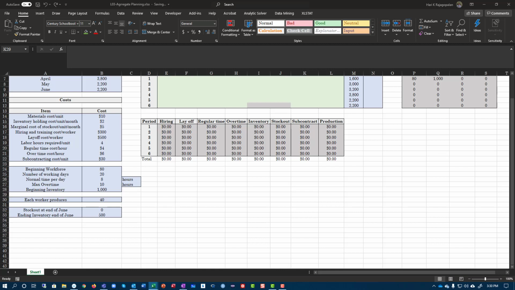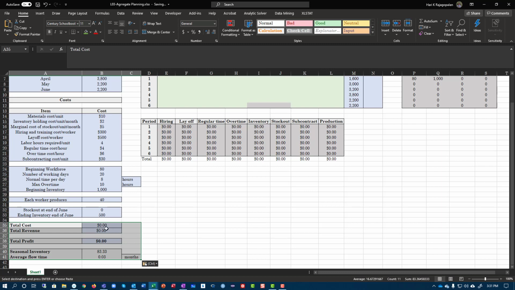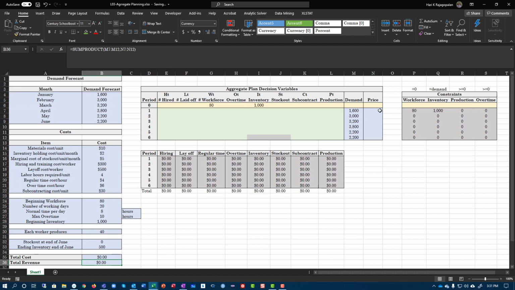Let's go ahead and copy this. I'm going to go ahead and create these values. Your total cost is nothing but the sum of all this, right? That's your total cost. Your total revenue, if you're given the price, then you can calculate it, and we are going to assume that the price is $40.